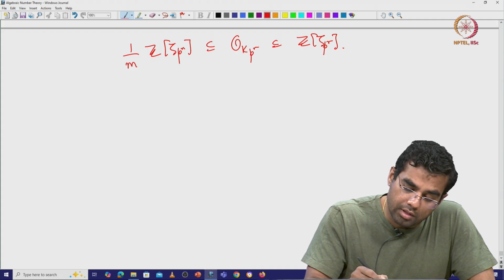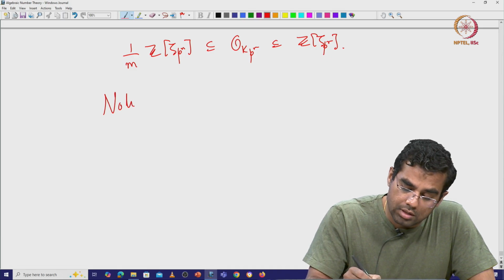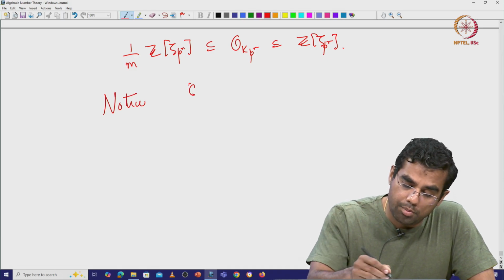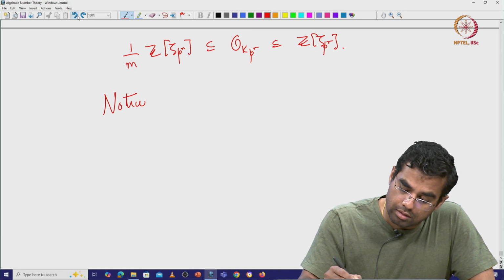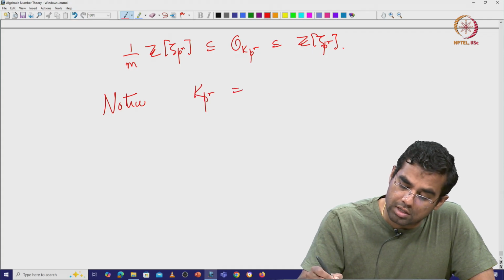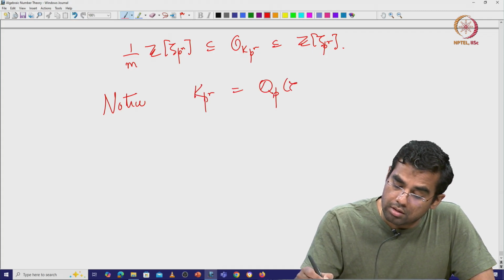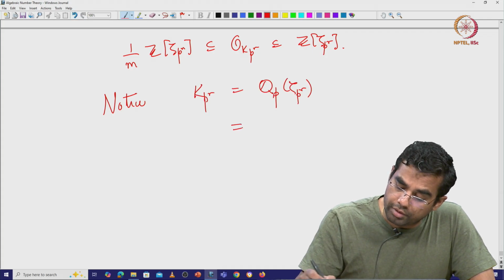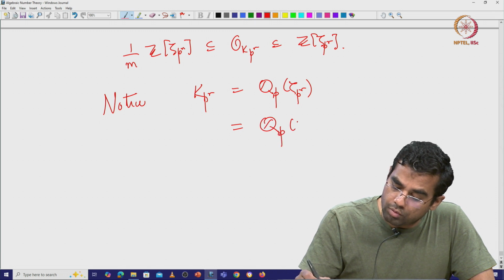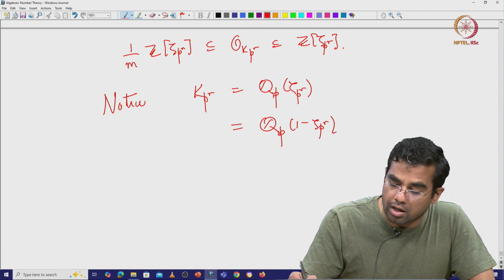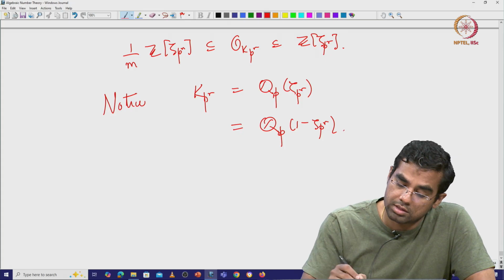So now notice that for K_{p^r}, this is another trick that you learn here: instead of looking at this, you can look at 1 − ζ_{p^r}. It is the same thing.